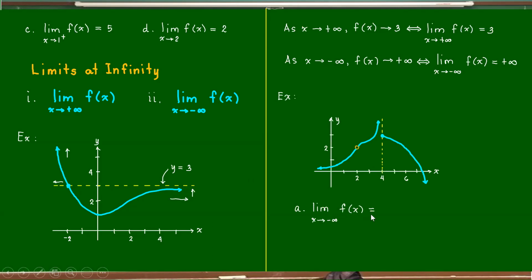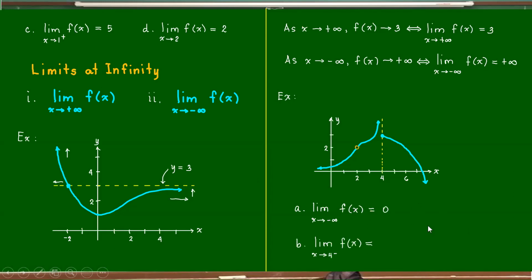If you are asked for the limit of f of x as x approaches negative infinity, going to the left, what do you think the limit is? Guys? 0. Anyone? What do you think? 0 po. Going to the x-axis, it means approaching the x-axis, y equals 0. So f of x approaches 0.